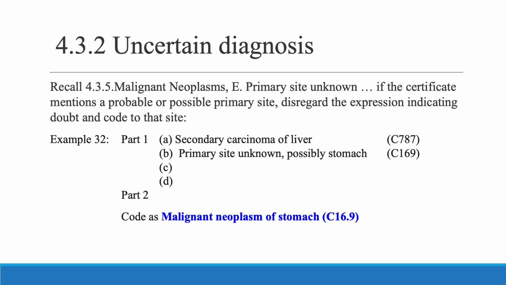This is part of the instruction included at primary site unknown in the section of instructions for multiple cause coding for malignant neoplasms. So, following that instruction, we code line B as malignant neoplasm of stomach, C169. So in conclusion, when a certifier expresses doubt as to the certainty of a single cause of death, the expression of doubt is ignored and the cause of death is coded as reported.